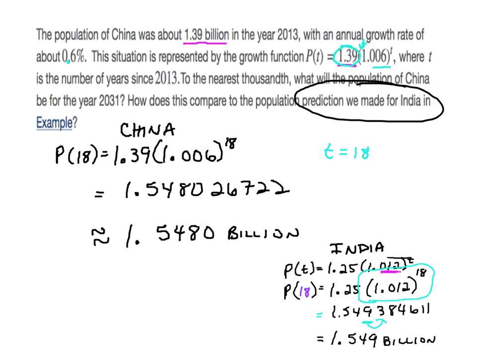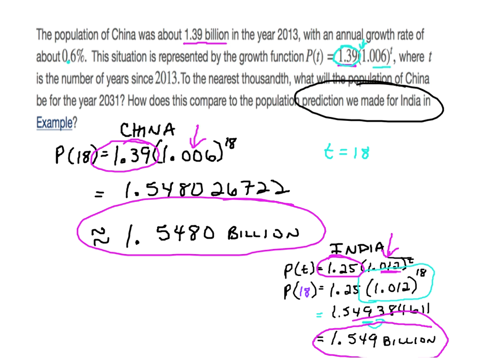Notice that China started with a bigger population than India did in 2013. But India's population is rising quicker than China's population is. So actually, in India, we end up with a larger population in 2031 than we do in China, which is crazy, but interesting.